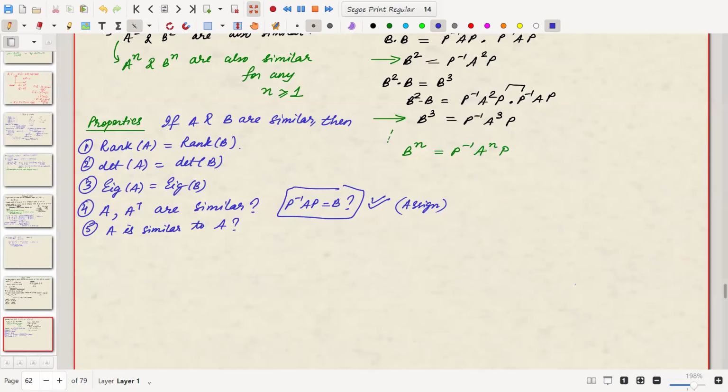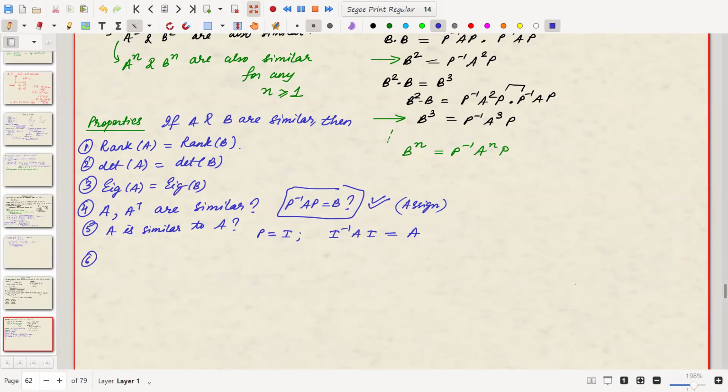So what do you do? Just take P to be the identity matrix. The identity matrix is invertible. So is it true that I inverse A I is equal to A? Yes. I inverse is I, and multiplying everything by I gives the same quantity A. So it is true.